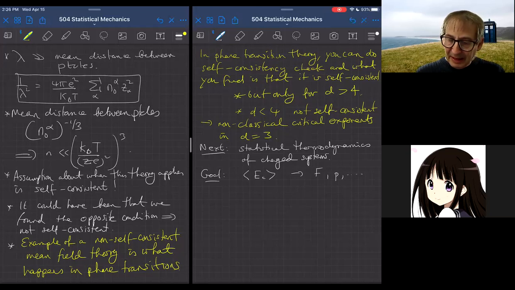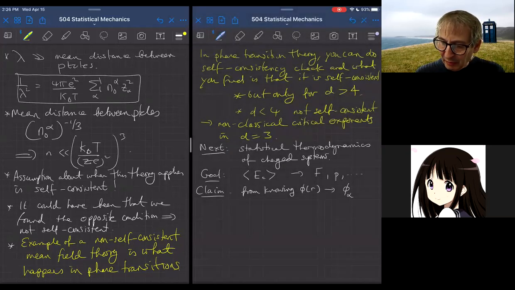My claim is that from knowing phi, from knowing this, I can then work out phi sub alpha. And what is phi sub alpha? Well, if you remember what phi sub alpha was, this was the potential experienced by the ions of species alpha.